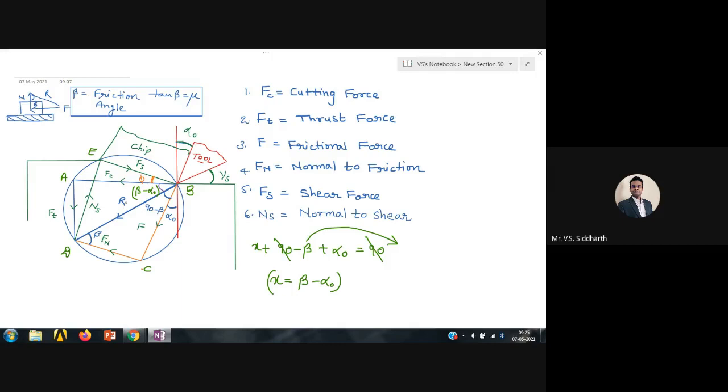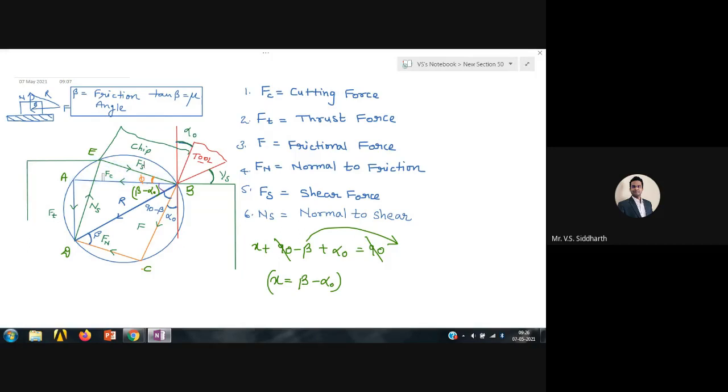Because along the FC only, the cutting velocity vector will be acting, and this is our shear plane, because the shear force will act along the shear plane. So the angle between this force and this force, that we are getting as phi. Is it clear up to here?